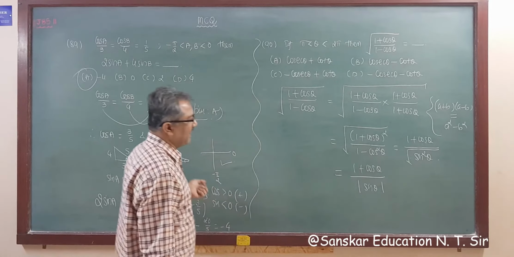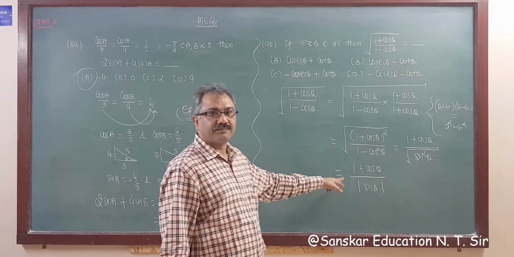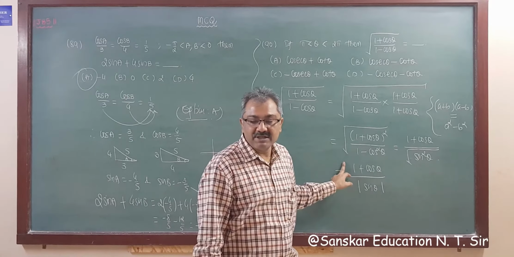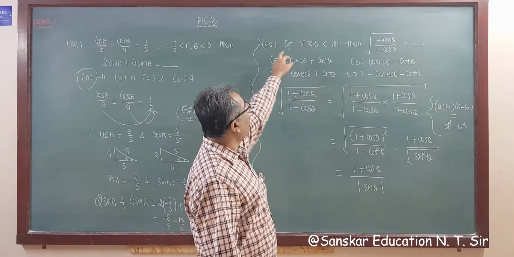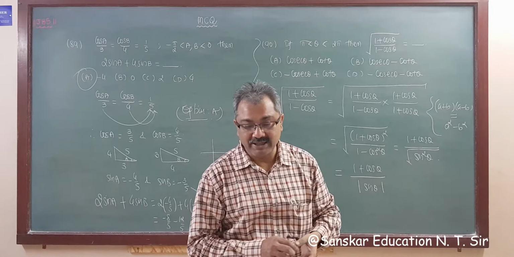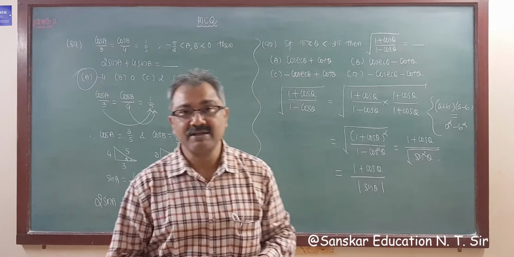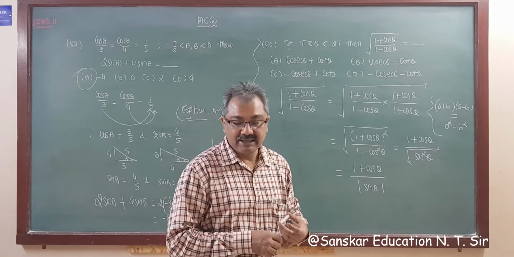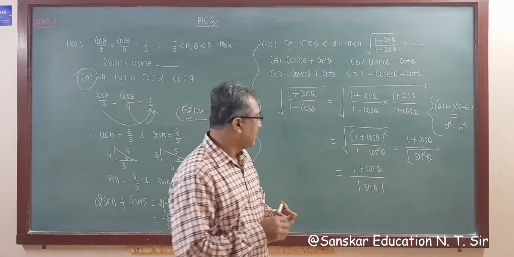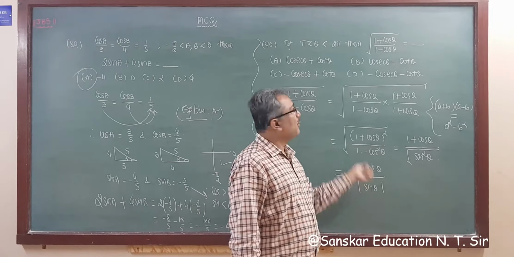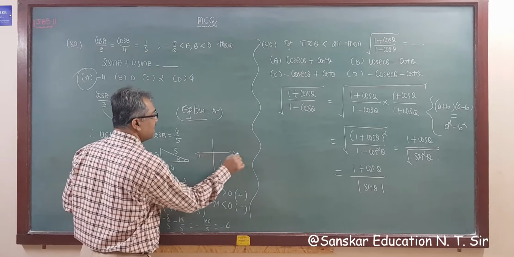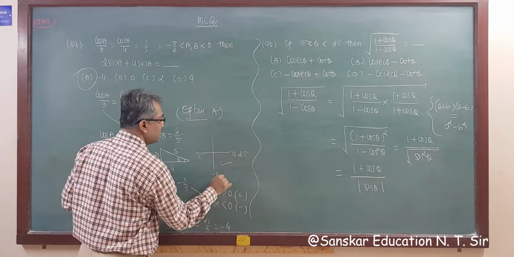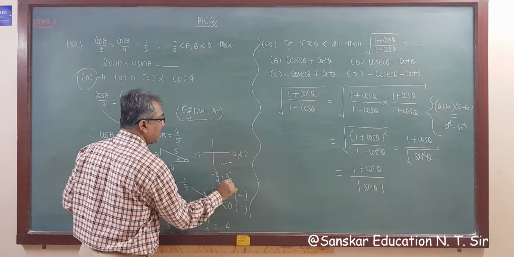Okay, so now sine. This is 1 plus cos theta upon modulus of sine theta. Now pi less than theta less than 2 pi is given. So here this is pi and this is 2 pi, and here is 3 pi by 2 if we go anti-clockwise.